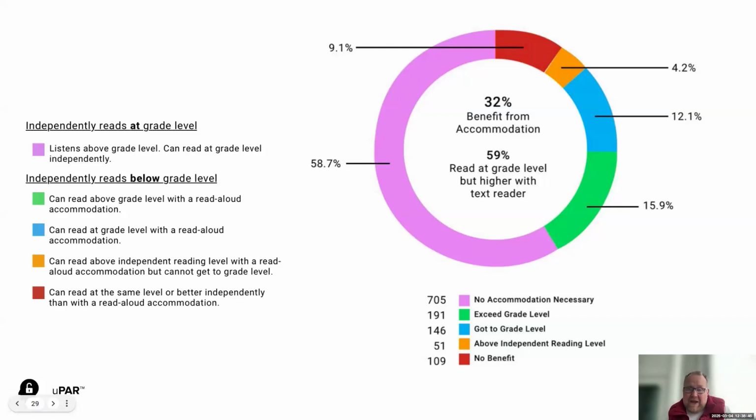But when text is read to them, they can comprehend above grade level. So these are students that benefit, but they don't have to have a read aloud support. They're already independently reading at grade level. So this is one of those could be beneficial, but is not necessary.